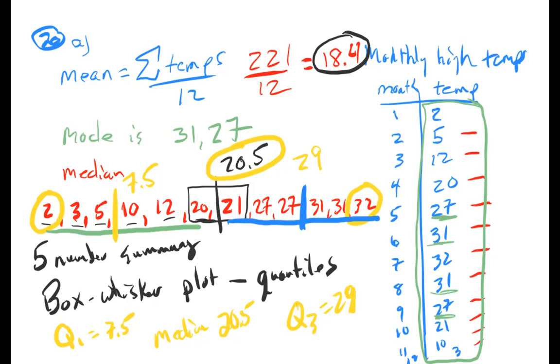I'm going to write those down here, because I'm going to make a box and whisker plot here too. Q1 is 7.5, Q3 is 29. Now, we can form a box and whisker plot from those by putting them over a number line.